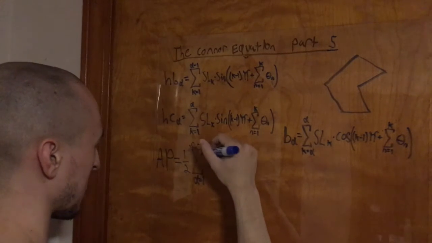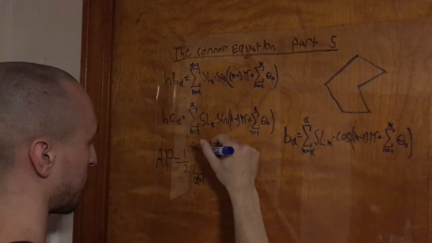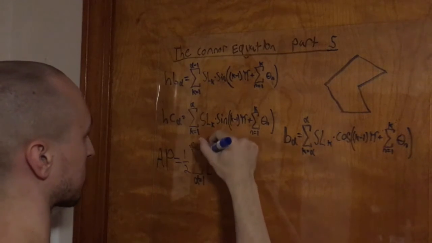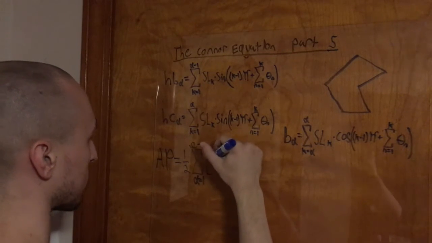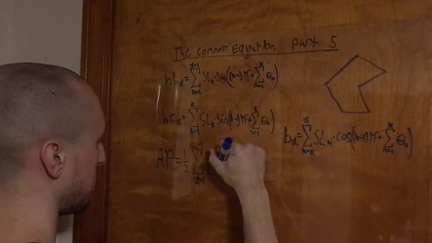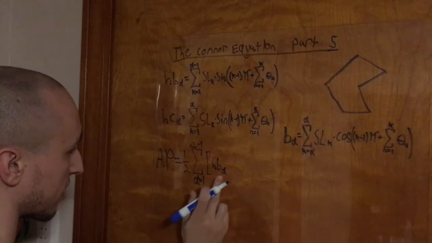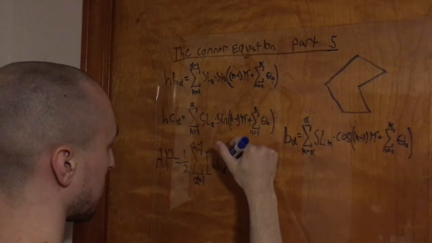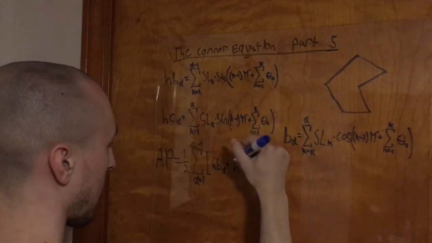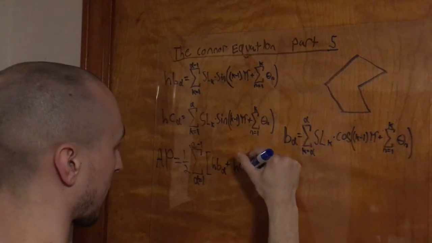All right, now we're going to start plugging all this stuff in. I'm going to use brackets. I'm going to write HB alpha, right? HB alpha plus HC alpha.